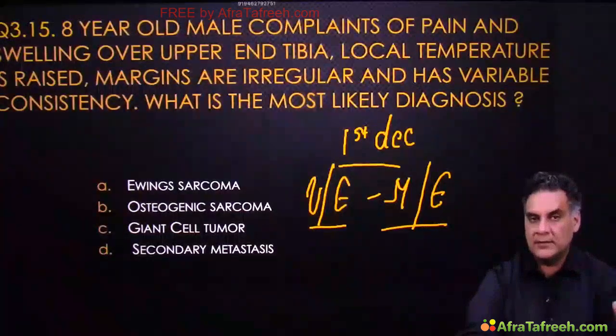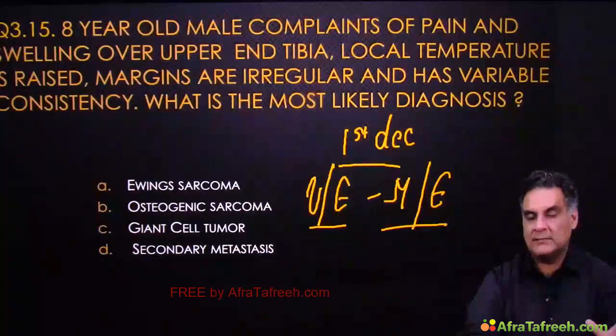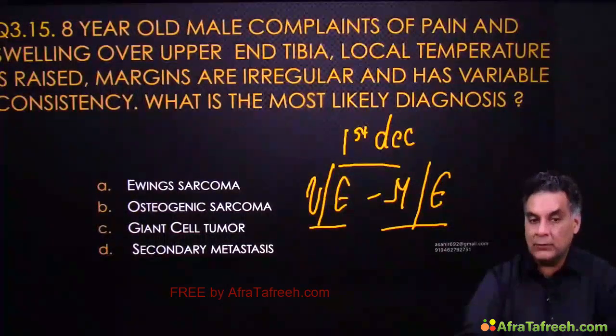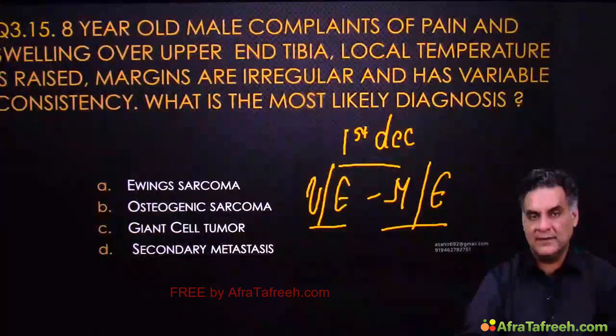Benign tumor: uniform consistency, well-defined margins. Malignant: variable consistency, ill-defined margins. This consistency is very important. So here you have high local temperature, irregular margins, variable consistency. So we are talking about a malignant lesion.